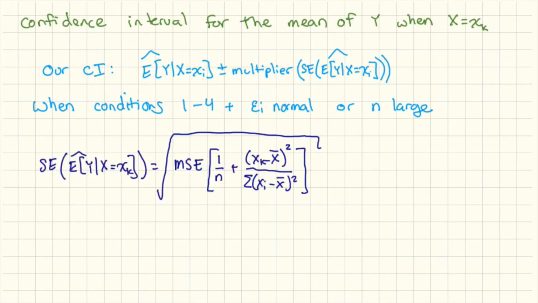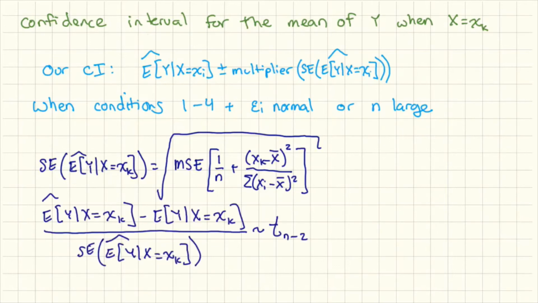You can always look it up in the book, okay? You don't need to memorize this formula or anything. This statistic is distributed t, and it's got two parameters, so it's actually n minus p, but because we're only using beta naught and beta 1 here, it's n minus 2.